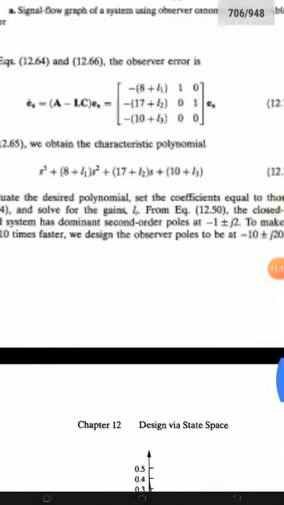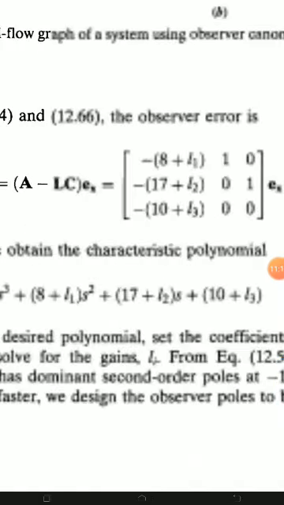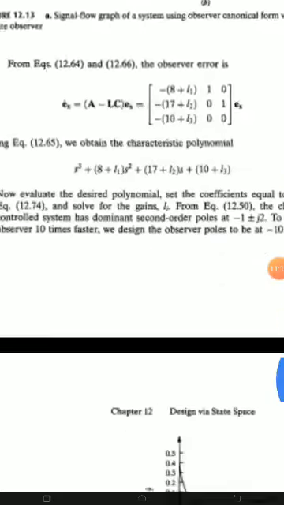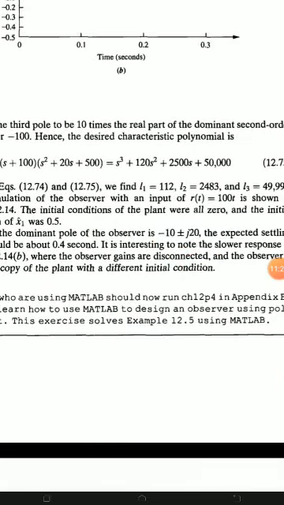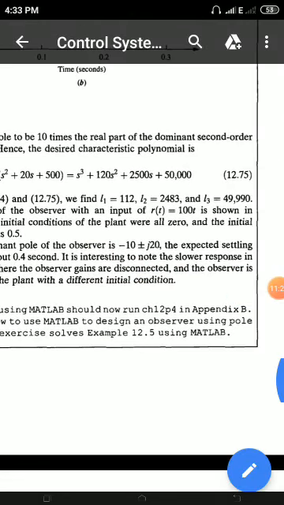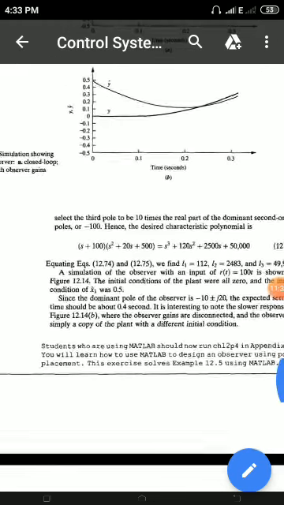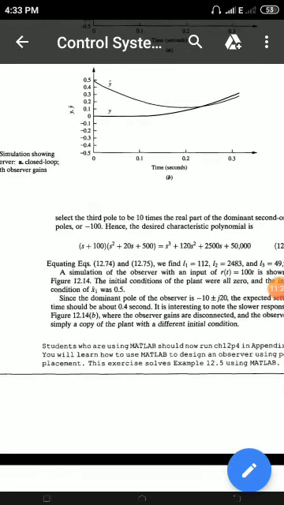You will get L1 comes out to be 112, L2 2483, and L3 49,990.